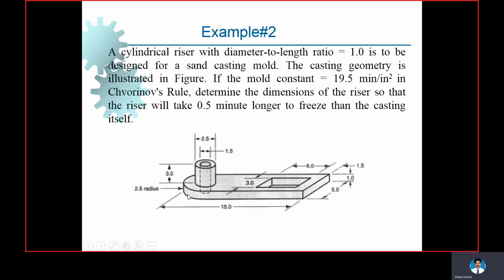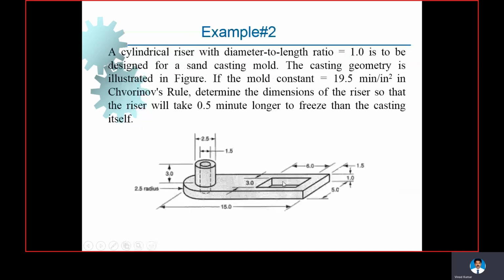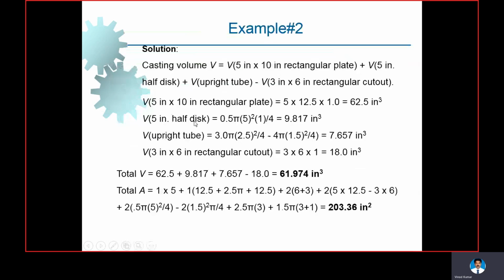Then what we have is the volume of the upright tube. Then we have to subtract the volume of the cutout portion. This is the cutout portion, we have to subtract it. So we get the volume, and after calculating the volume, we can calculate the surface area. The total surface area can also be calculated.